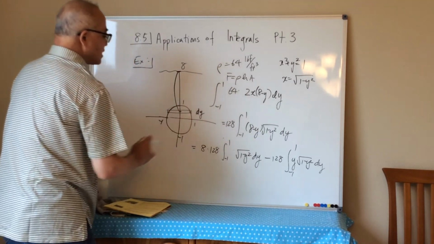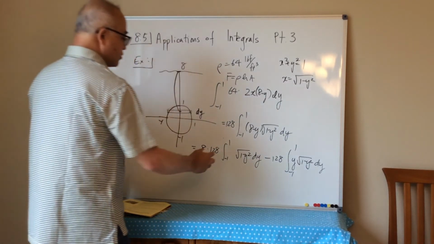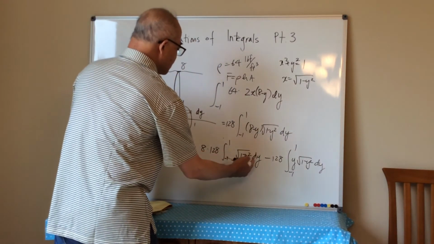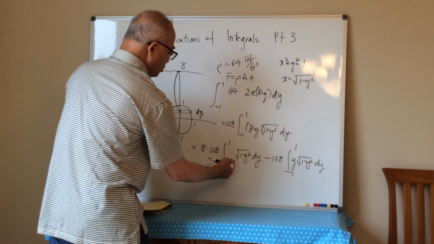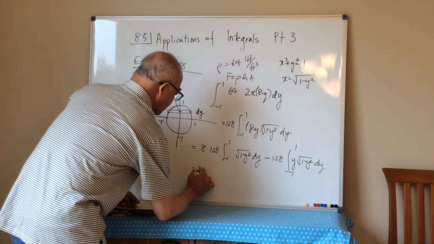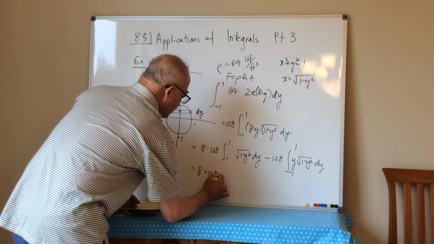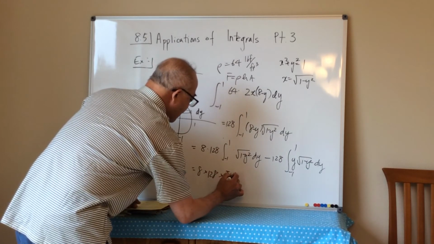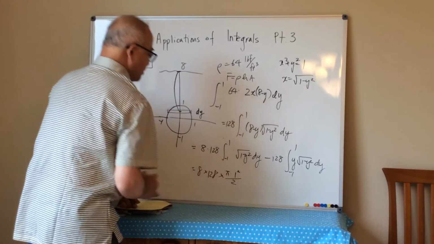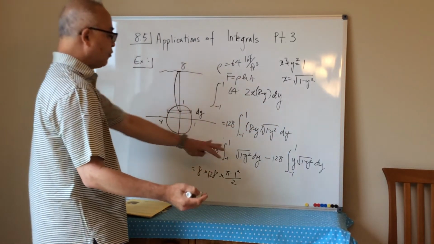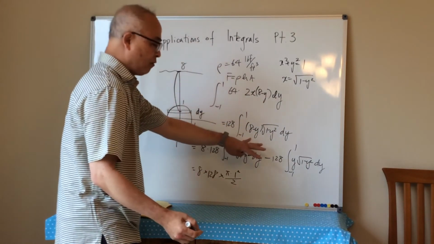So this actually is pi r squared divided by 2. And I'm done. I don't have to actually do the integral out.